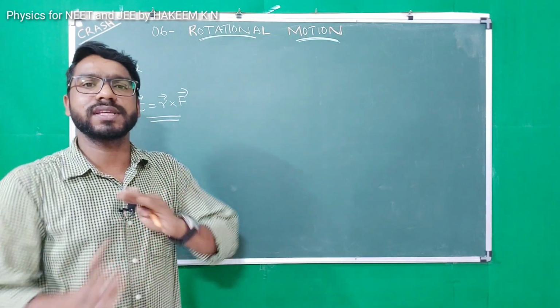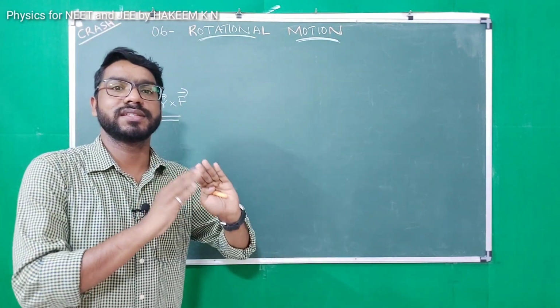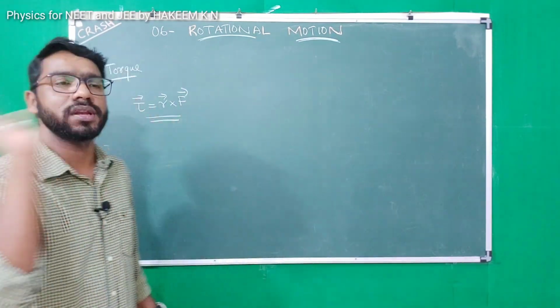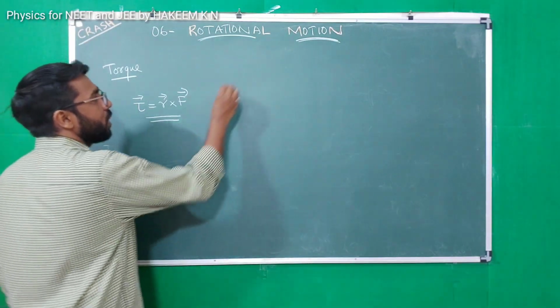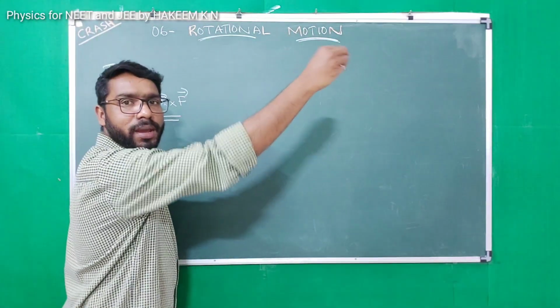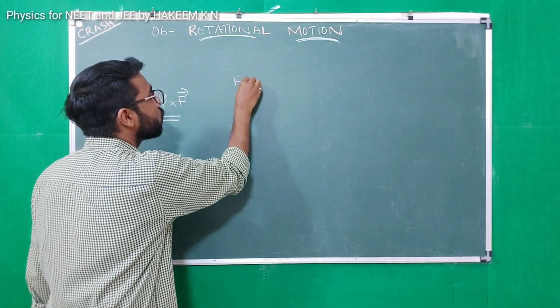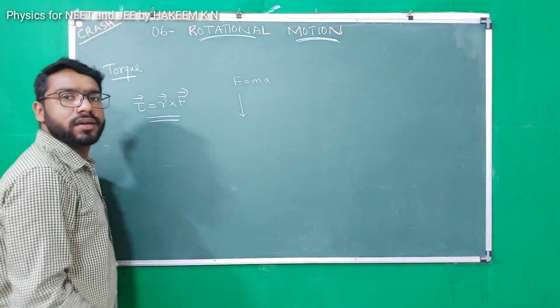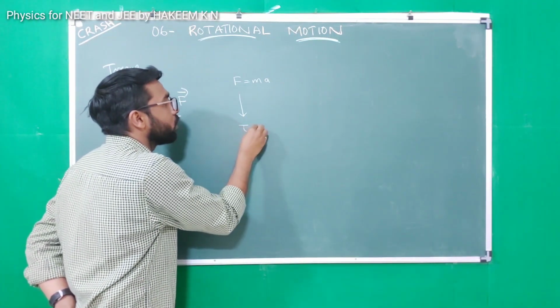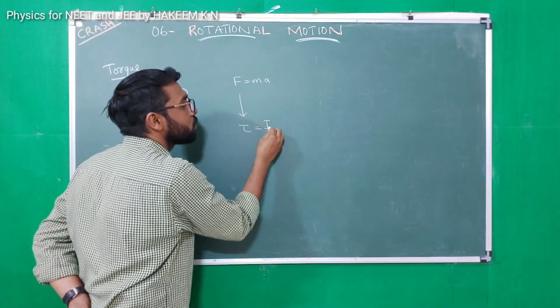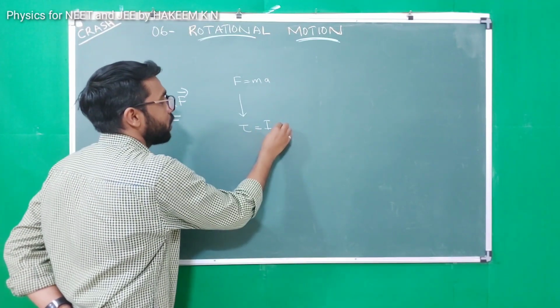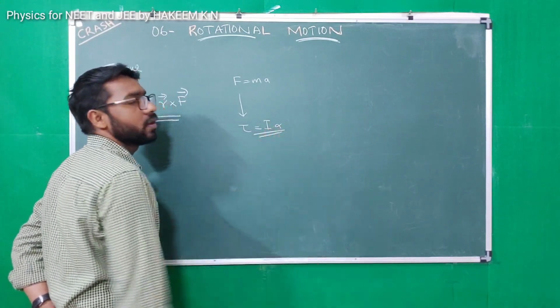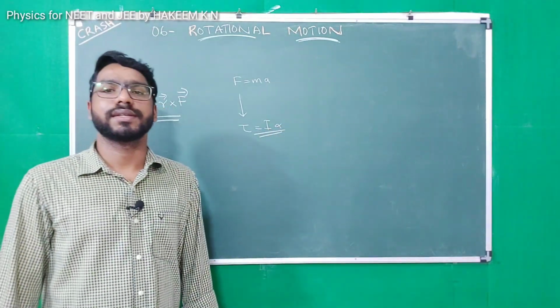Torque is the rotational analog of force. What does force do in translational motion? That is the duty of torque in rotational motion. So force F equals ma; comparing, we get torque tau equals, instead of mass, moment of inertia, and instead of acceleration, angular acceleration.